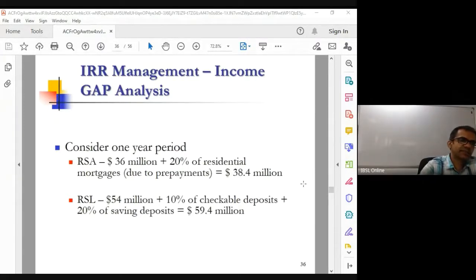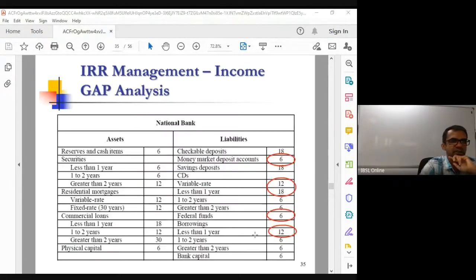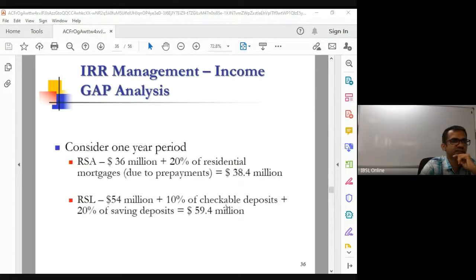They think 10% of checkable deposits like current accounts, they may take out those funds, and savings 20%. So 10% of this 18, 1.8 million, 20% of this 18, altogether 59.4 million rate sensitive liabilities.